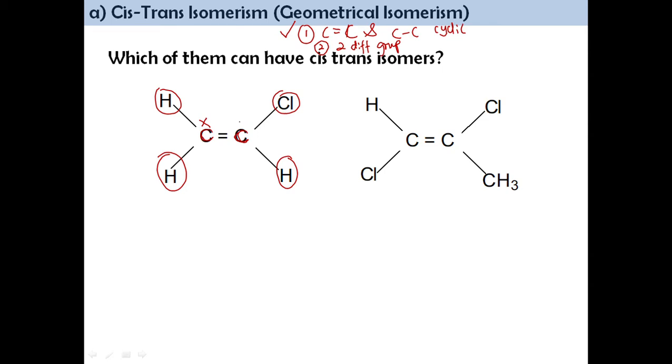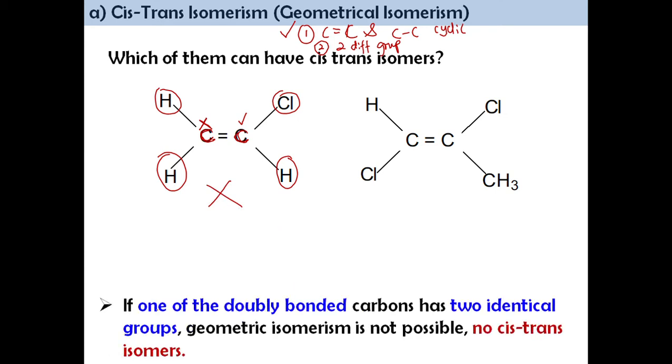Jadi, carbon ini boleh. Disebabkan ada satu carbon yang tidak mematuhi syarat, maka all of the compound cannot produce a cis-trans isomer. Because if one of the doubly bonded carbon has two identical group, okay, ini bermaksud kita bercakap about this carbon. Kalau salah satu carbon daripada double bond mempunyai group yang sama, tidak boleh ada cis-trans isomer.